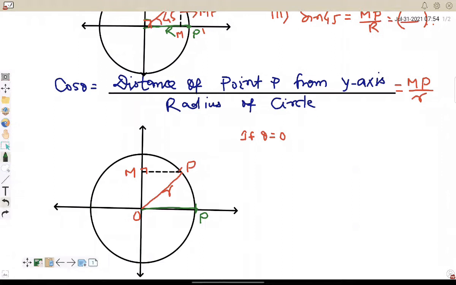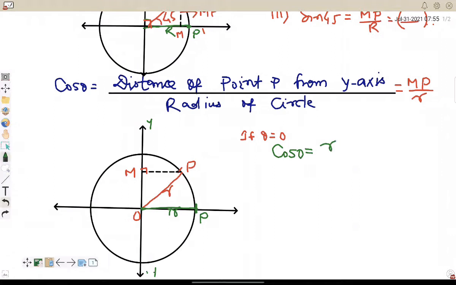If theta is equal to 0, what is the distance of point P from the y-axis? This one is the y-axis, y, and minus y is the y-axis. So we can measure this distance is equal to r. So cos 0 is equal to r, because this distance is r here, and we are taking a small r, so better to write a small r for this.